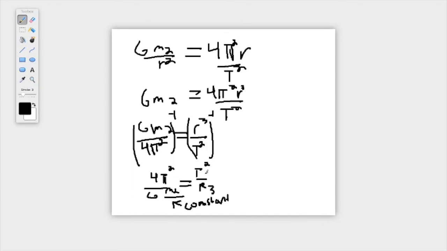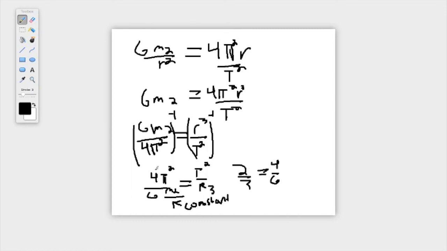So T squared over r cubed is equal to some constant, which means that this here is a ratio, and ratios are proportional. Say you have 2/3 equals 4/6, they're both equal to some constant, but different numbers that you can simplify.